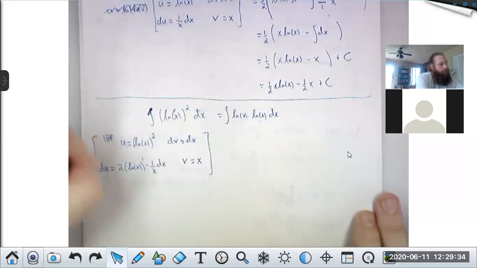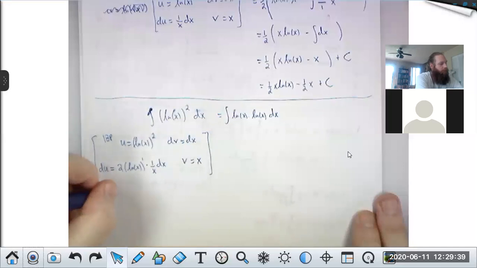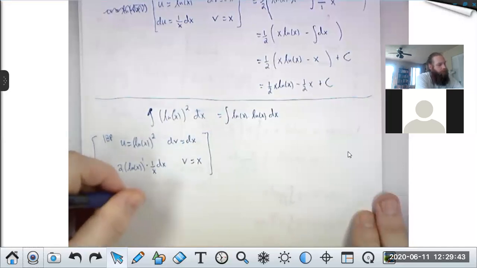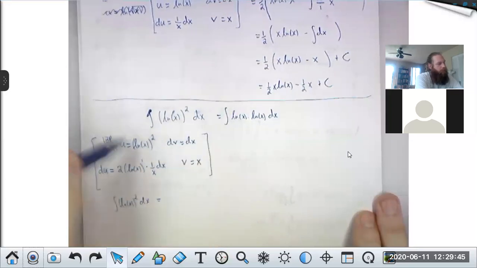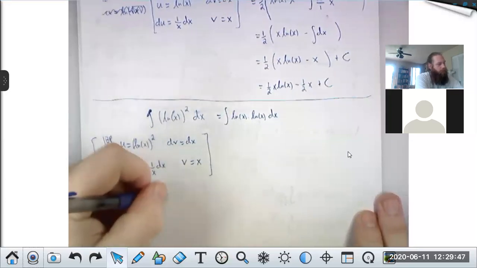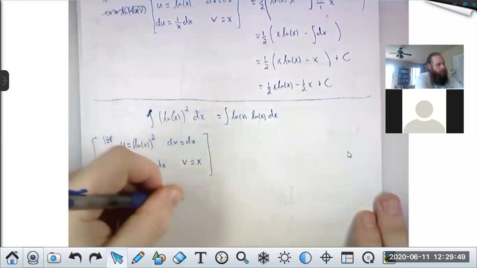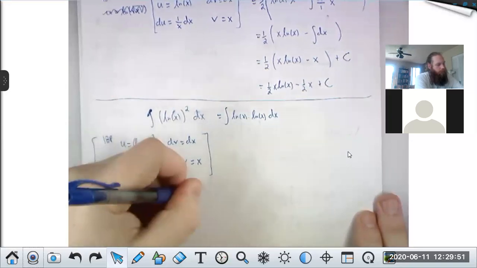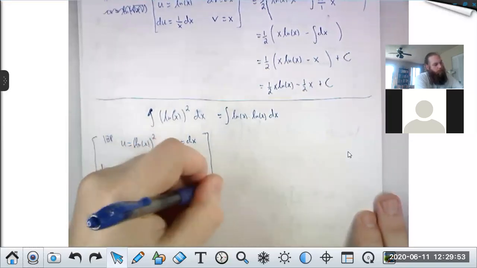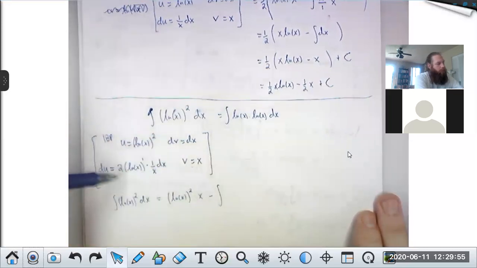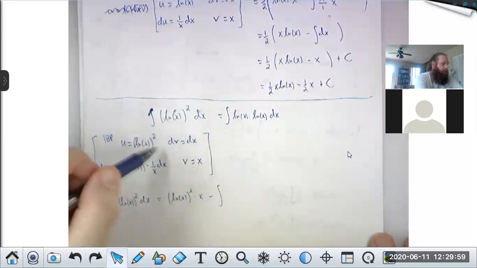Okay, and with that, we then set up the integration by parts. We have uv, so ln of x all squared times x minus the integral of v du, right?